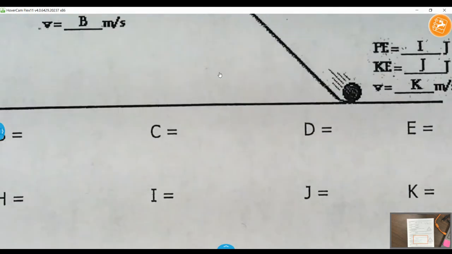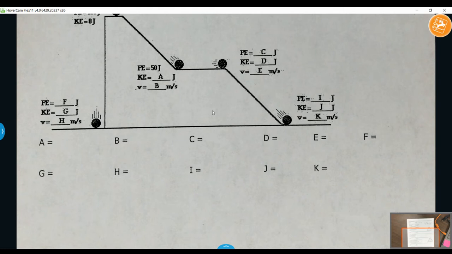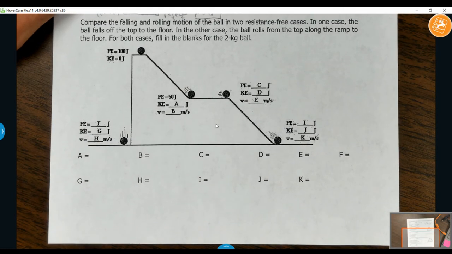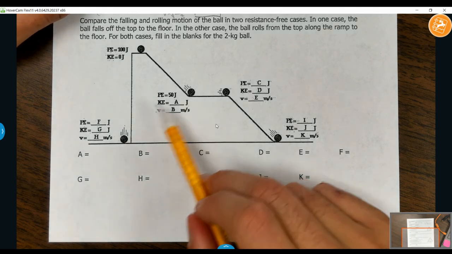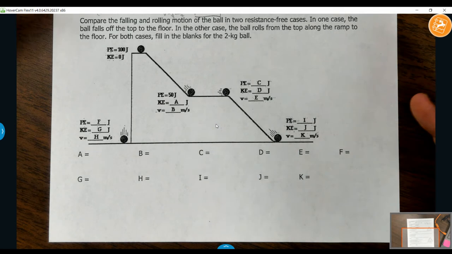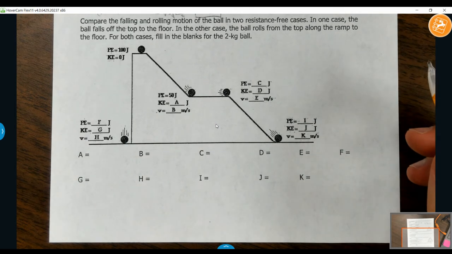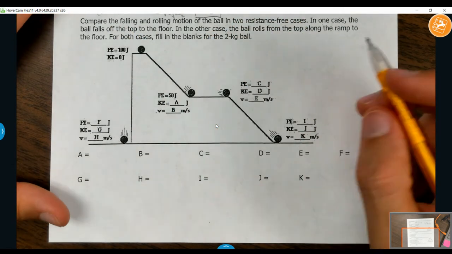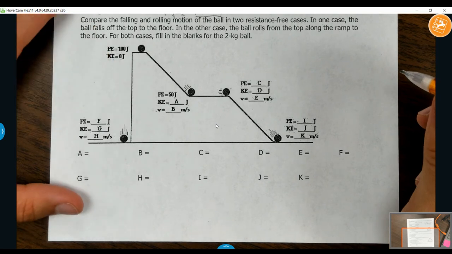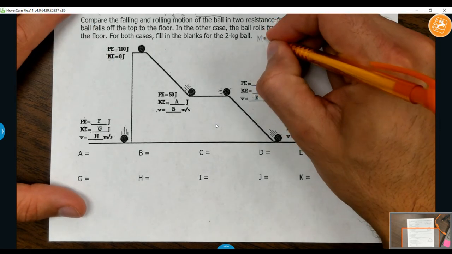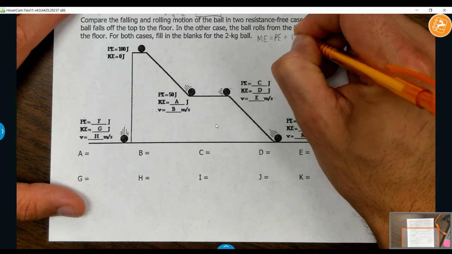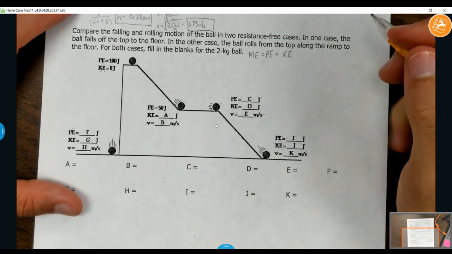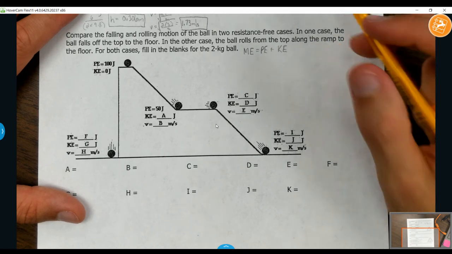Now for the next assignment, back out just a little bit. At each of the letters, they're going to want you to solve for the missing variable. Right off the bat, if you know that the potential energy is 100 joules and kinetic energy is 0, mechanical energy is potential plus kinetic.